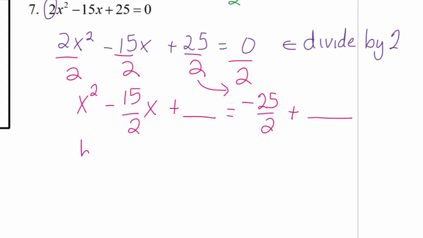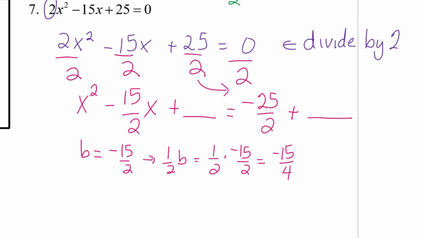So b is negative 15 halves. Half of b is 1/2 times negative 15 over 2, which is negative 15 fourths. Okay, we got to square that.